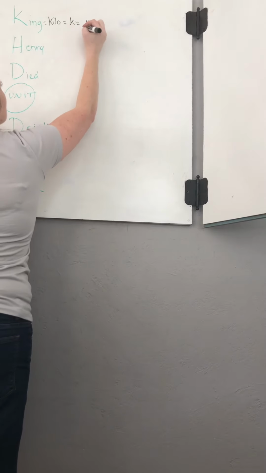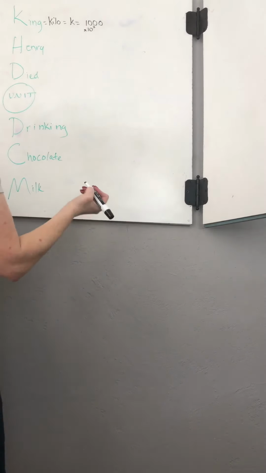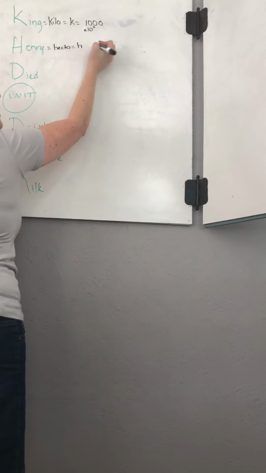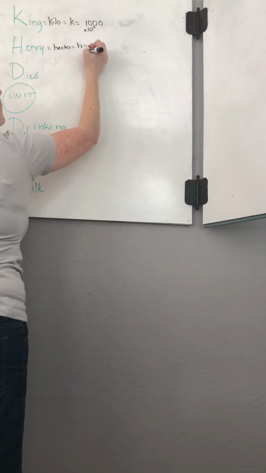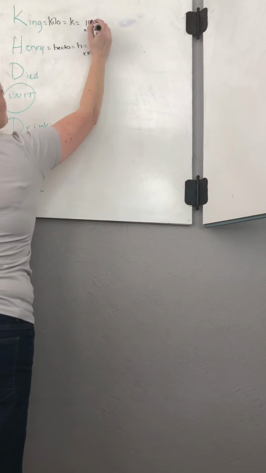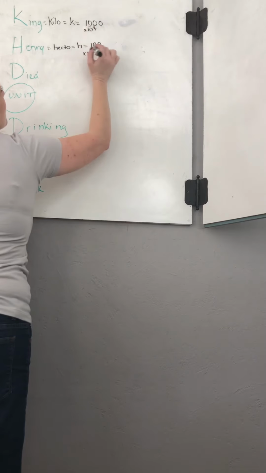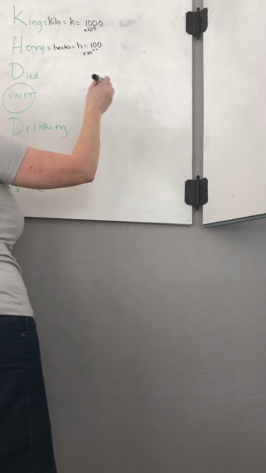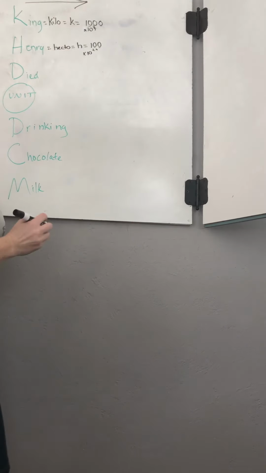And then this one is hecto. We abbreviate it with an H, and it is 100, or times 10 to the 2. And remember, this is 1, 2, 3, and that's where you get that 3. 1, 2, and that's with a 2. That also means that when you move a decimal, you're going to move it that way.